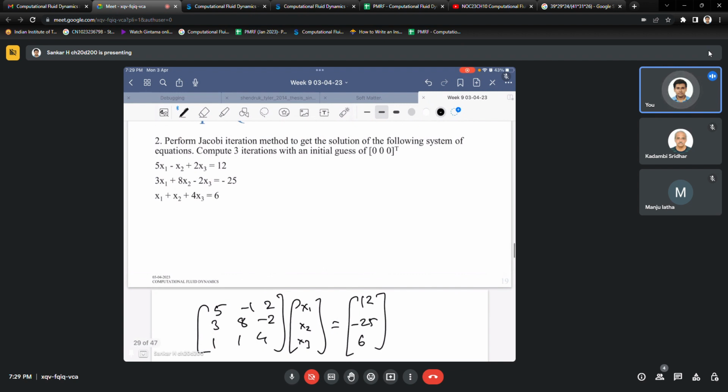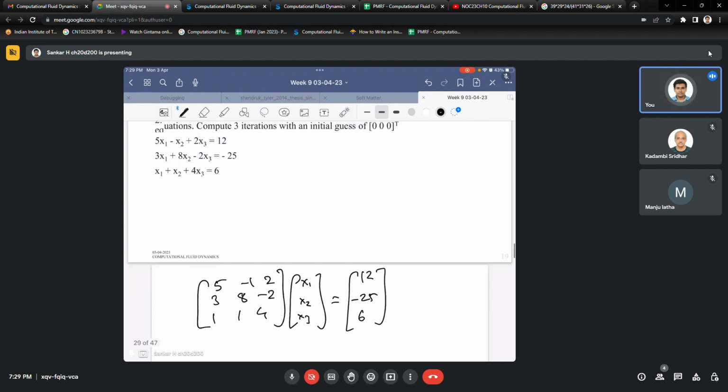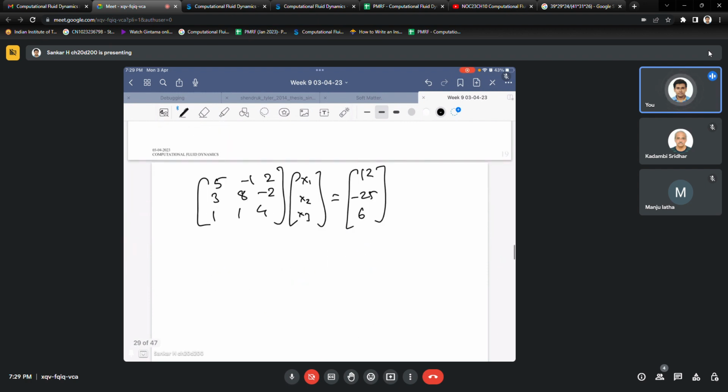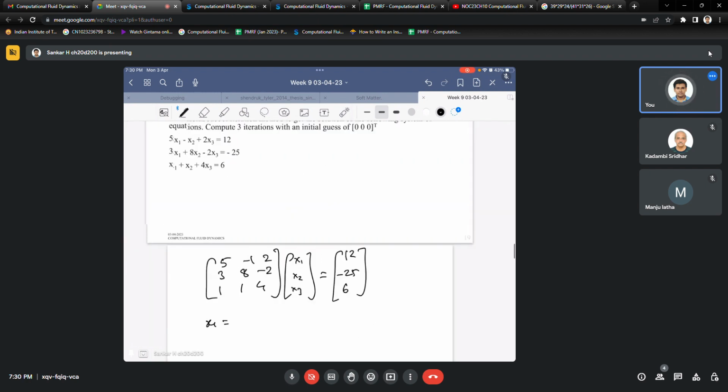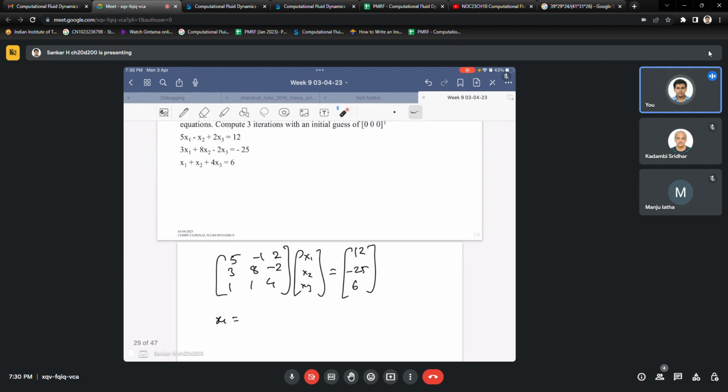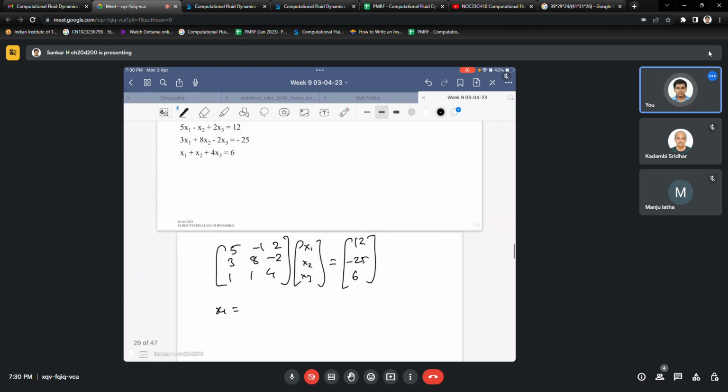Okay, so we've been asked to do the Jacobi iteration over here, and for a Jacobi iteration what we do is we write x1 to be... we hold x1 over here and write the terms in terms of x2 and x3. We hold x2 over here and write the equation in terms of x1 and x3. We hold x3 over here and write the equation in terms of x1 and x2. So we can write x1 as 12 plus x2 minus 2x3 divided by 5.